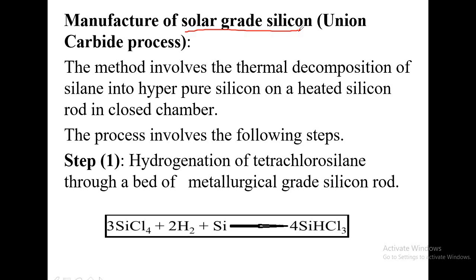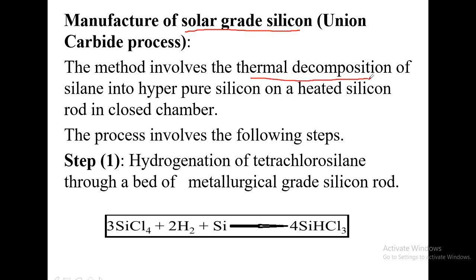Instead, we are trying to enrich the concentration of pure silicon in metallurgical grade silicon. So when the concentration of pure silicon is increased, automatically there will be reduction in the percentage of impurities, thereby upgrading the metallurgical grade silicon to solar grade silicon. Hope you have understood this, and the method involves mainly thermal decomposition of silane.